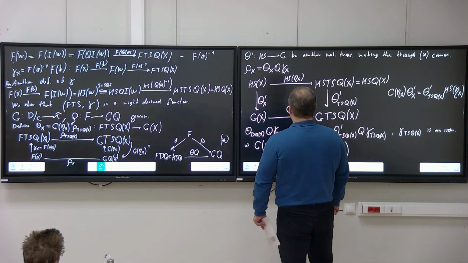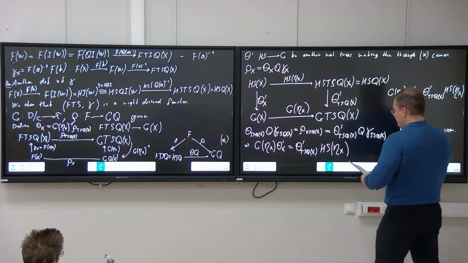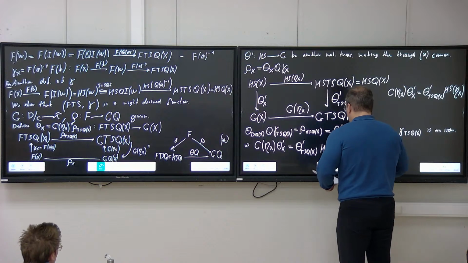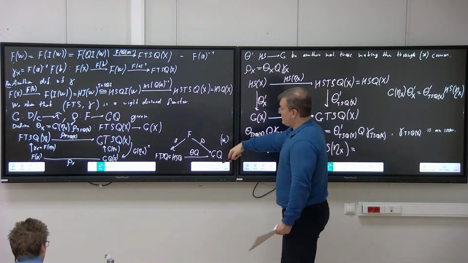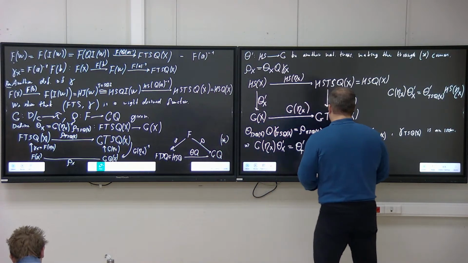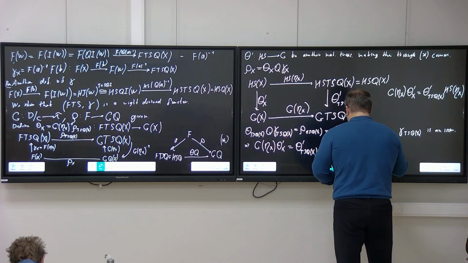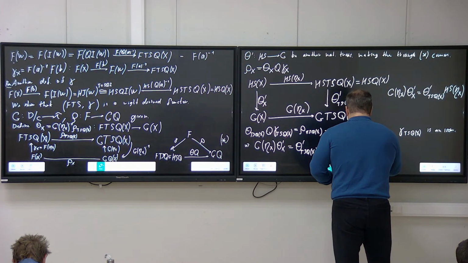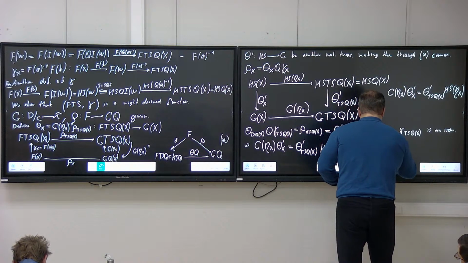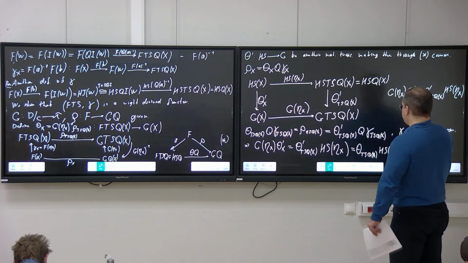Well, this is just the formula for the primes, right? But theta is also a natural transformation, so the same formula holds if I erase all the primes. So before I'll write this: theta T S Q of x, H S eta sub x, right? This is by the previous computations.